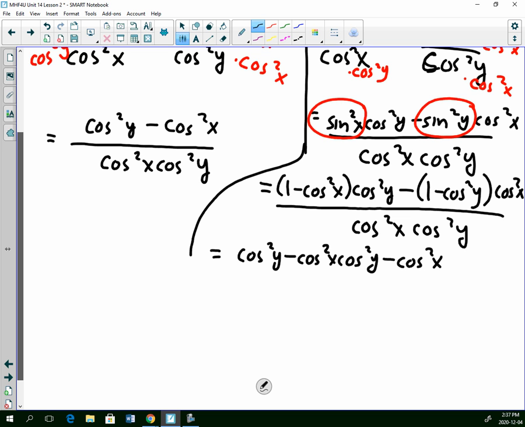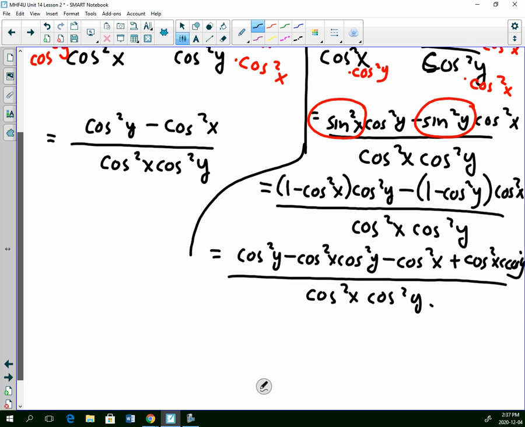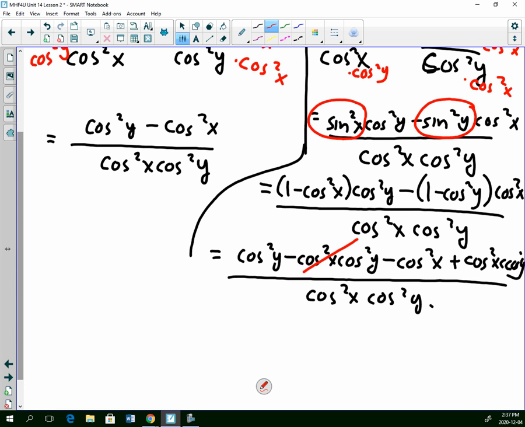And then a negative and a negative is a positive, and I get cos squared x cos squared y, all over cos squared x cos squared y. And then I see that minus cos squared x cos squared y and plus cos squared x cos squared y add to 0, which leaves me with cos squared y minus cos squared x.